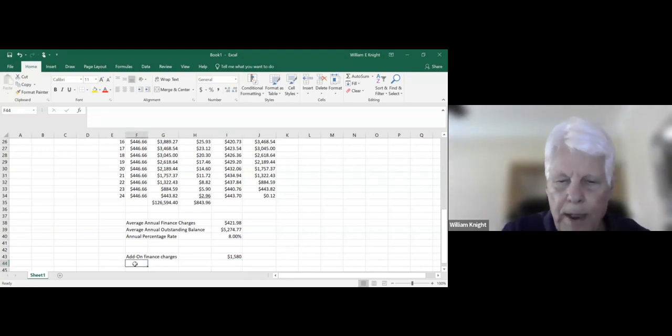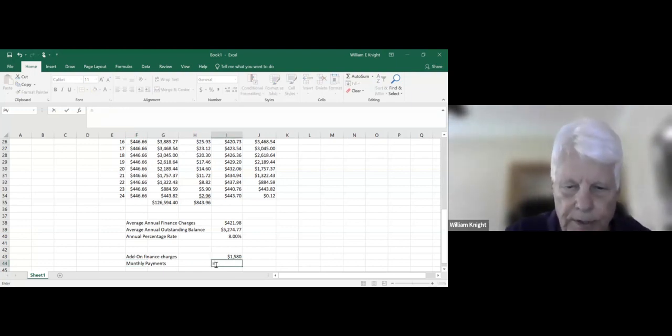And so the monthly payments are going to be equal to the principal. I'm going to need some parentheses here.